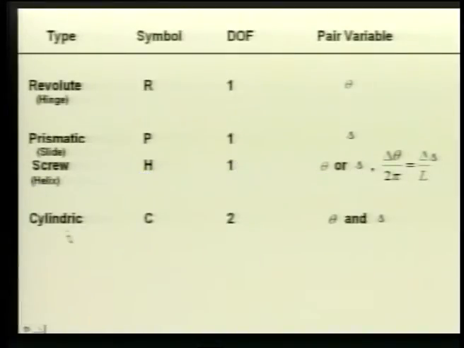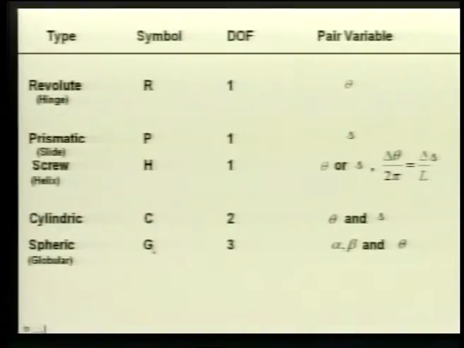Then we discussed what we called a cylindric pair. The symbol is C. Here the degree of freedom is 2, because we need 2 independent variables theta and S to represent the relative rotation and relative translation. Then we discussed spheric pair.